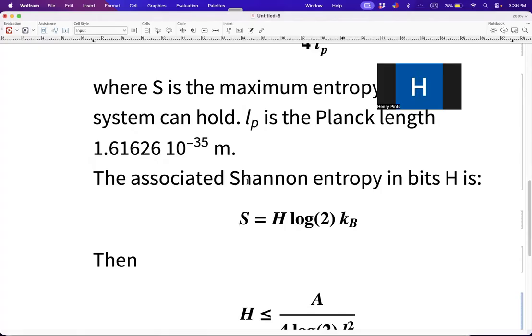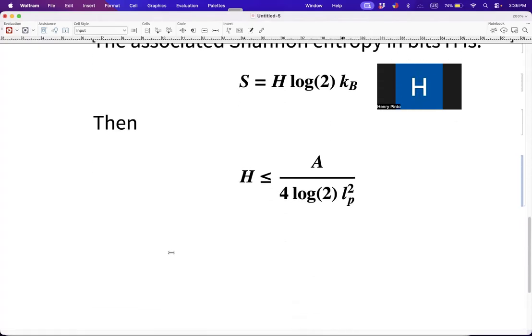Okay, so now it's time. Now we have all the elements, so we can apply this to our case, for the cell avatar.